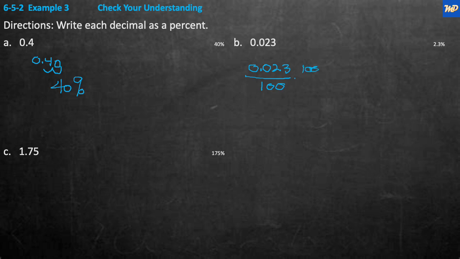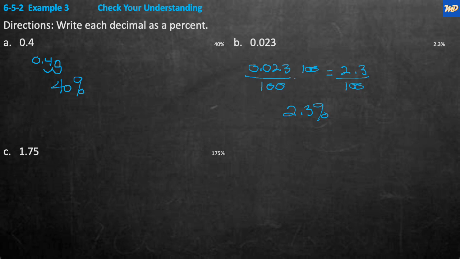And when you multiply this by 100, you move the decimal point 2 places. You're going to get 2.3 over 100. And isn't that exactly what they said we have to do? Now we replace the 100 with the percent sign. So your answer is going to be 2.3%.